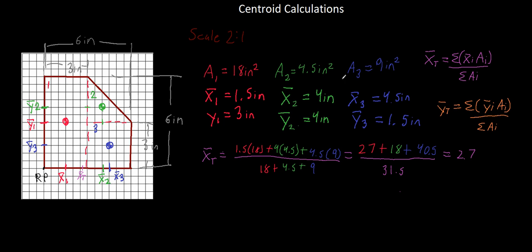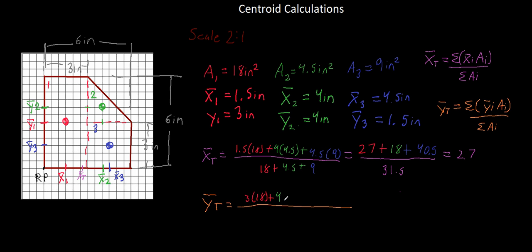And y is essentially going to be the exact same thing. What do we got? We got y total equals, what are our numbers here? Let's go ahead and draw ourselves a little bar out. We've got our y distance of 3 times its area, which is 18, and then we'll add that to the 4 times 4.5 again, because it was the exact same.